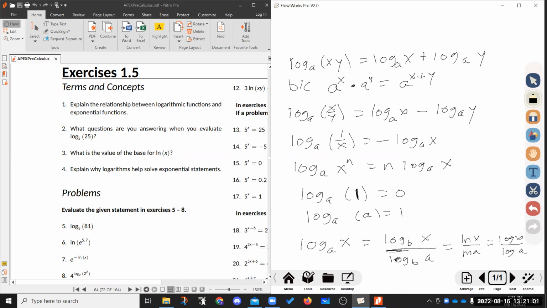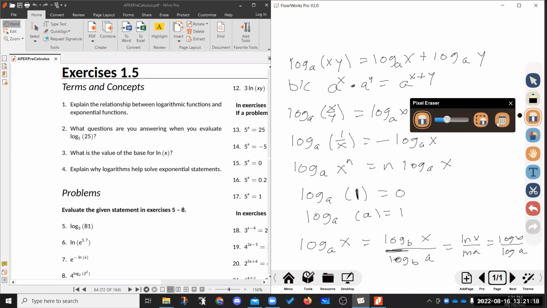I don't think that I missed any log properties. This one here can be used for negative exponents like I did up here. It also can be used for fractional exponents for roots, like we talked about last time.